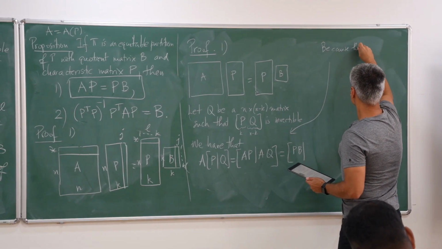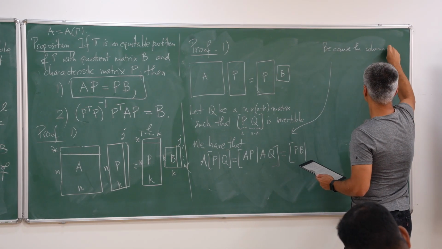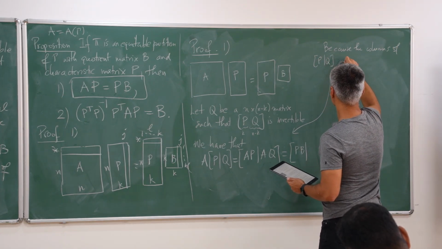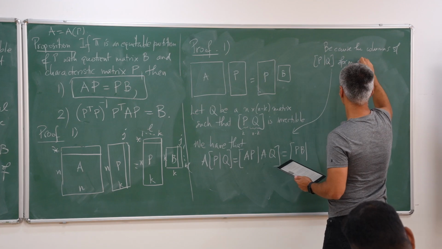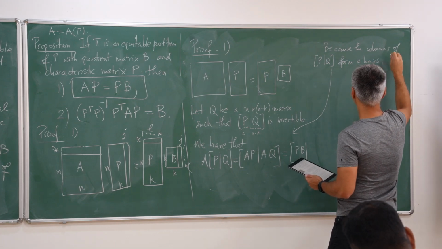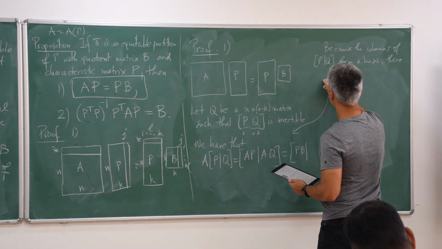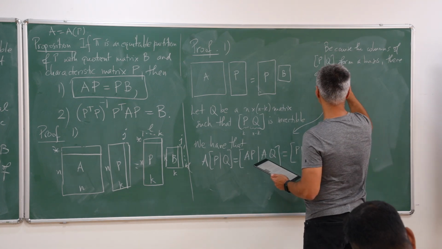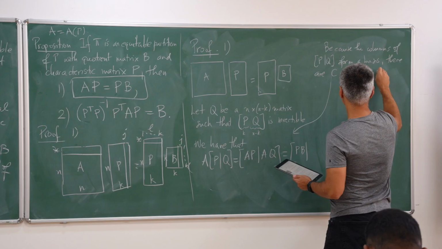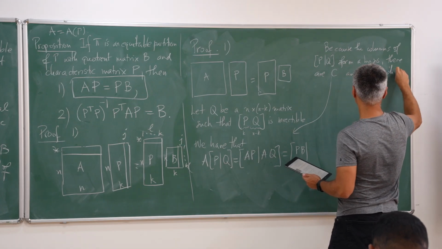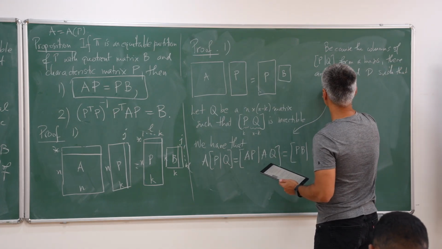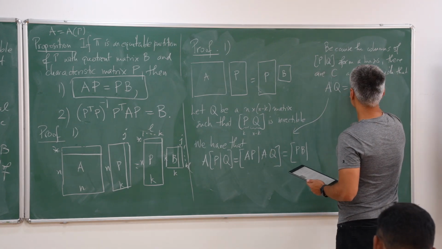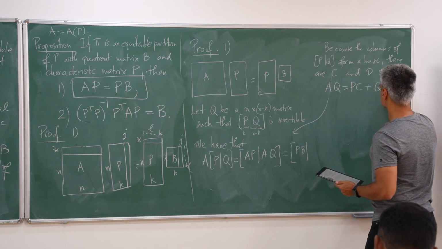Because the columns of PQ form a basis, there are some matrices, let's call them C and D, such that AQ is going to be PC plus QD.